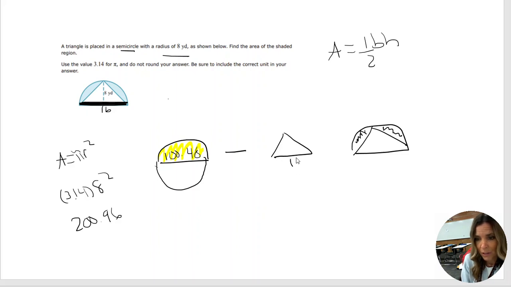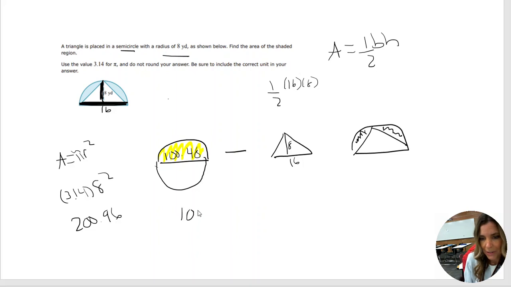So the base of your triangle is 16, and the height of your triangle right here is 8. So let's do 1/2 times the base times the height. 16 times 8 times 1/2 is 64.